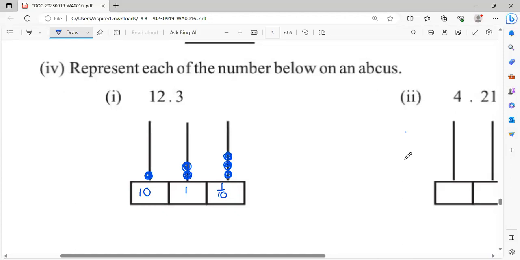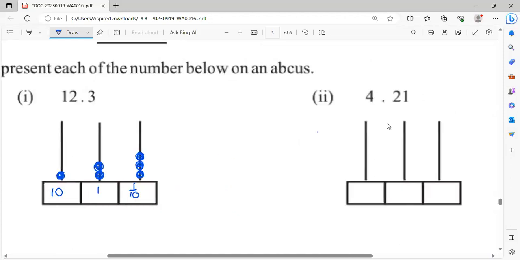Okay. Here, it consists of 2 decimal places. So here it is 1 over 100. That means the second decimal place means 1 over 100. The first decimal place means 1 over 10. Then here it is 1, here 2, here 4.